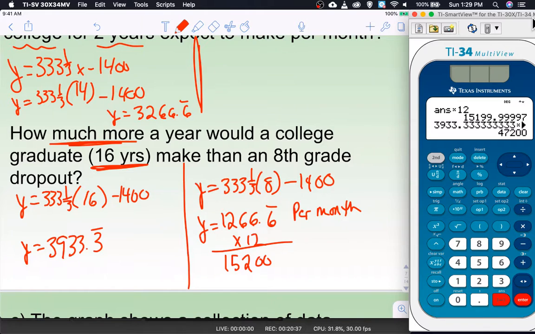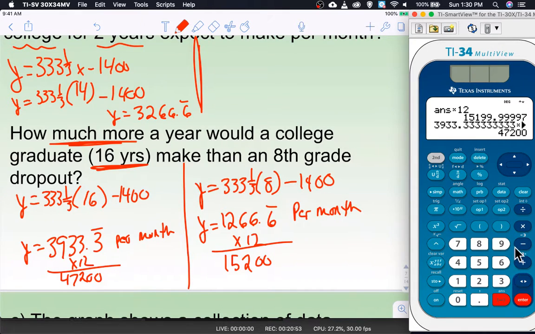So times 12 gives us 47,200 a year. And then finally, our last calculation is just how much more.